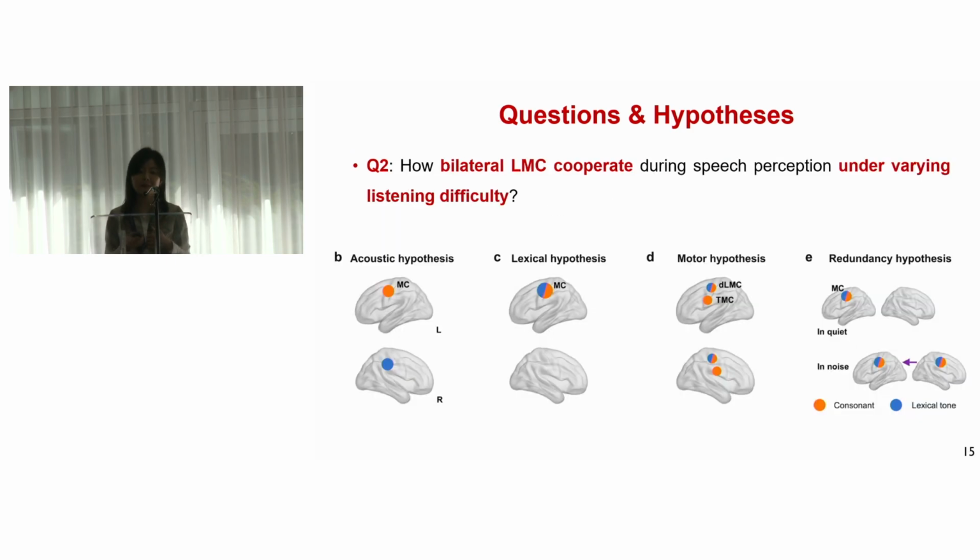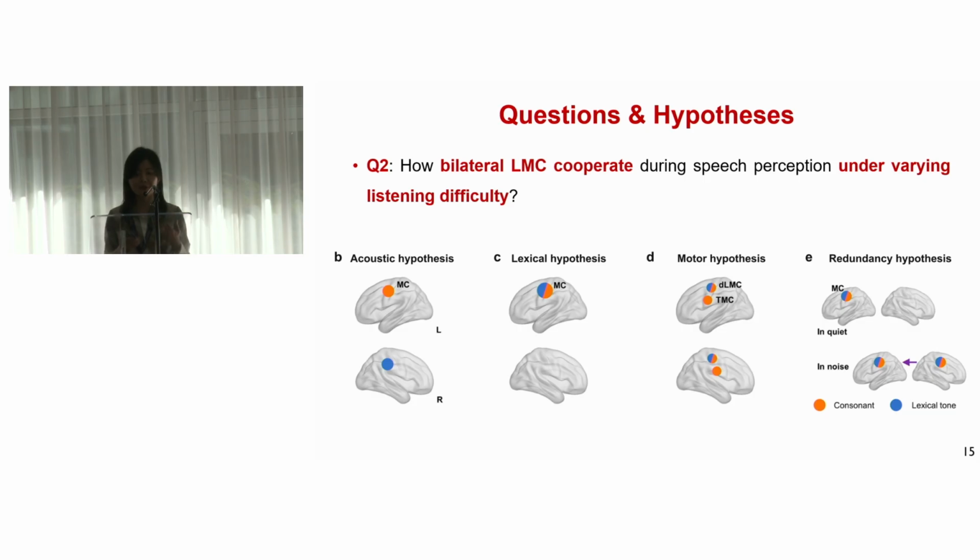The second question is how bilateral motor cortex cooperates during speech perception under varying listening difficulties. Traditionally, we know perception relies on left lateralization, but speech production is more bilateral. So what is the contribution of the right hemisphere? There are different hypotheses. According to the acoustic hypothesis, maybe the left contributes to consonants and the right hemisphere contributes to lexical tone perception.